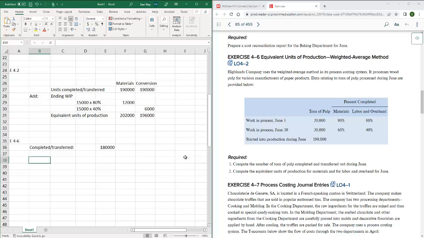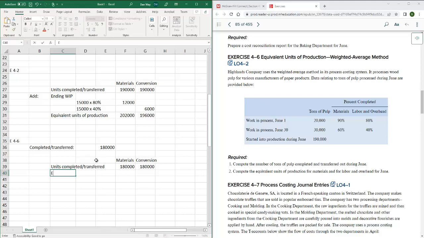Okay, so now equivalent units. Let's make sure we're sticking to doing this with respect to materials and conversion separately. Once again, we are starting with units completed and transferred. We're counting those at 100% with respect to everything. We just determined that was 180,000 tons.